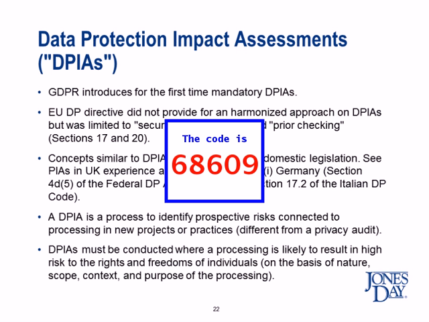In principle, a privacy impact assessment or data protection impact assessment is a process aimed at identifying prospective risks which may be connected to data processing in new projects or practices. So the main difference we see with respect to an ordinary privacy audit is the fact that an audit is a retrospective analysis.